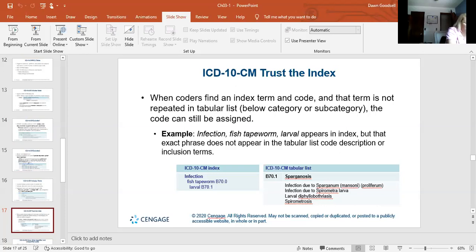Now you notice on the A40 you need 4 characters and you only have 3, so you have to go down and use A40.0, .1, .3, .8, or .9. The same thing applies with A41. You have the same notes again: code first if you know this information. Then A41 needs 4 characters, so you look down and find one of the A41 codes, such as A41.0, and it says under that you need 5 characters.